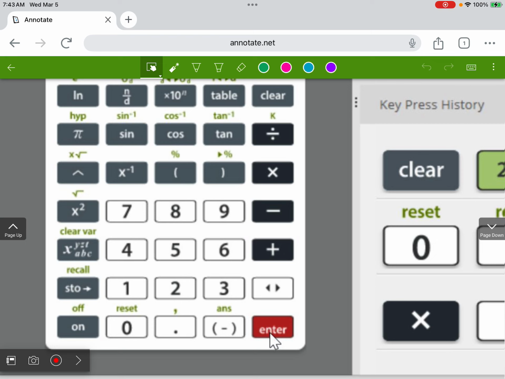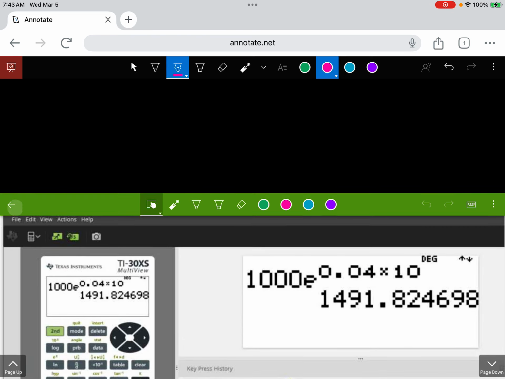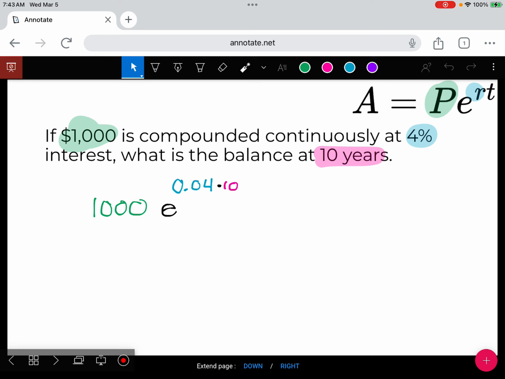Or having to type in 525,600 minutes and then have the bank figure out how to do minutes and put them into your bank account and have it not take up an entire computer to do each person. So we can put them in like that, and this is how we get our compounded continuously values. So our value in our account was $1,491.82.